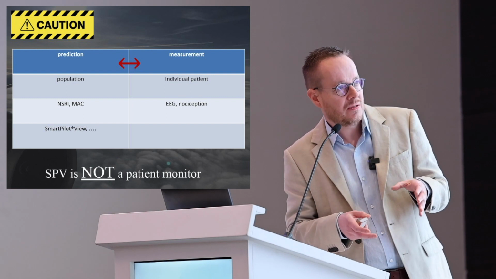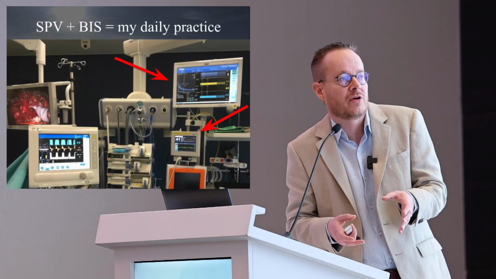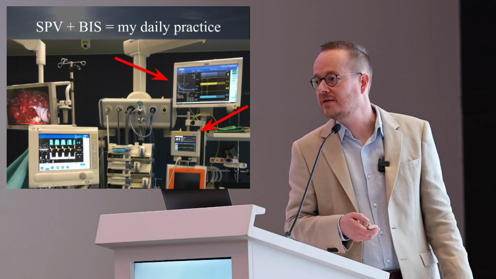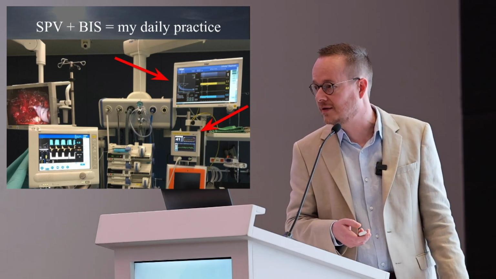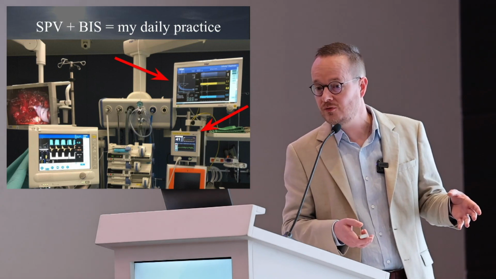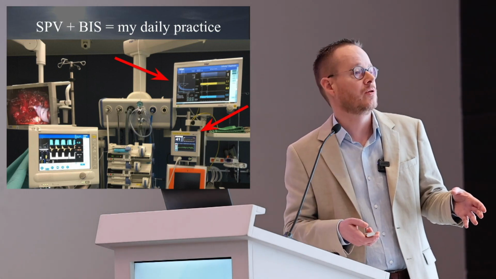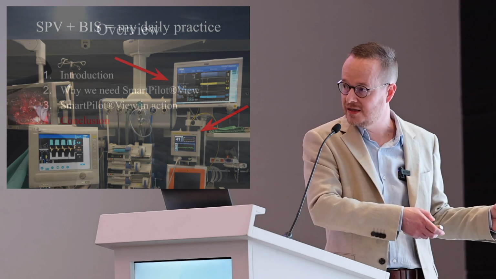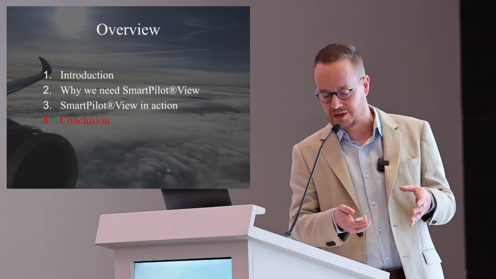It is a prediction, it is different from a measurement, like, for example, EEG. And that is why, in my daily practice, I always combine them. I use SmartPilot View to predict, and I use EEG to check if my patient is one of those 90% or if it's an outlier.